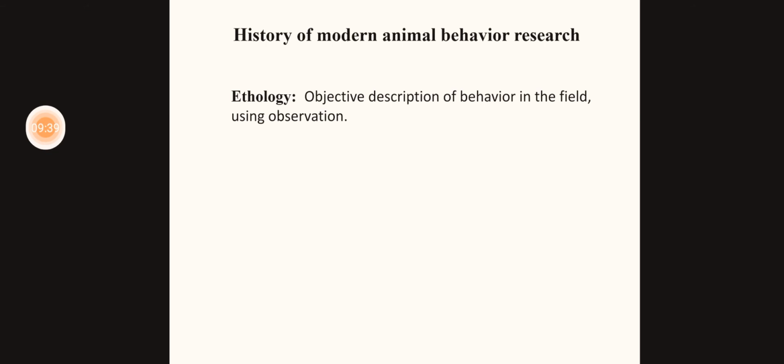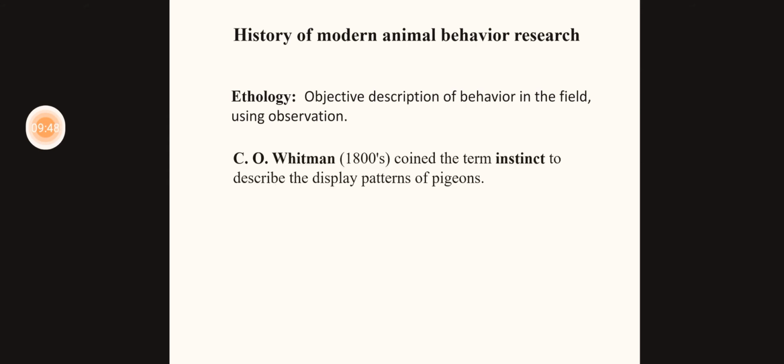The history of modern animal behavior research is ethology, the objective description of behavior in the field using observation. The study that describes the history with the aid of observation is called ethology. Whitman in 1898 coined the term instinct to describe the display patterns of the pigeons, behavior that is taken from genes that come from the parents.